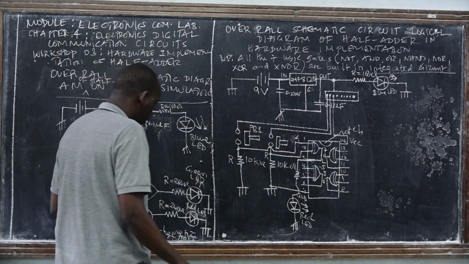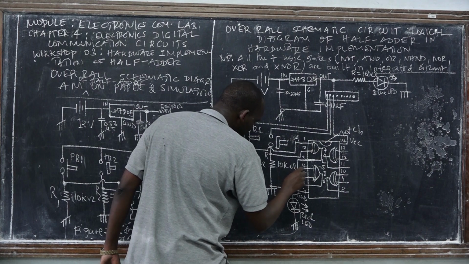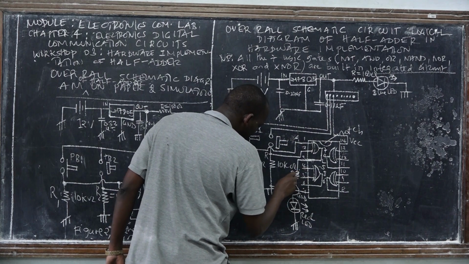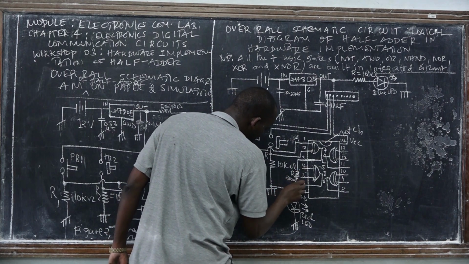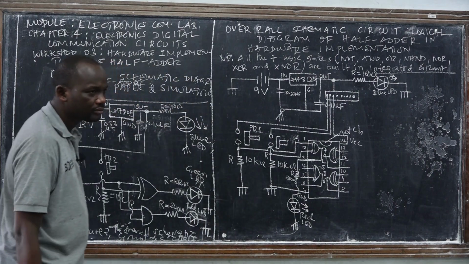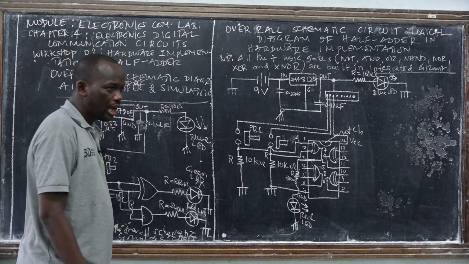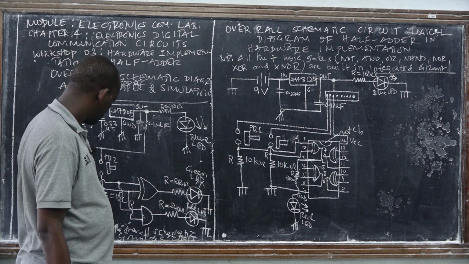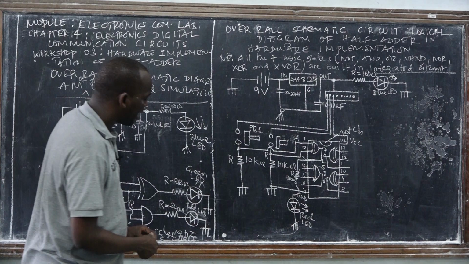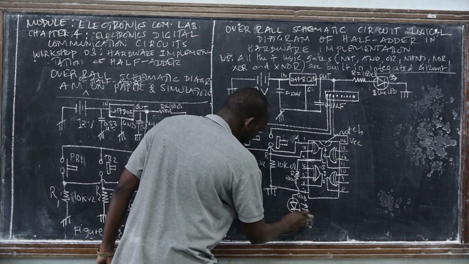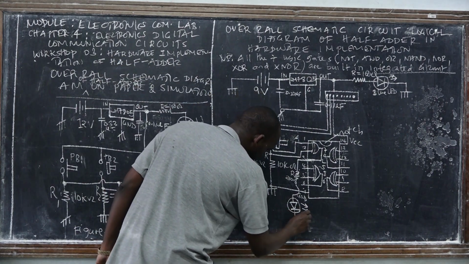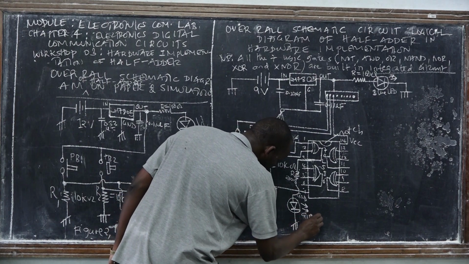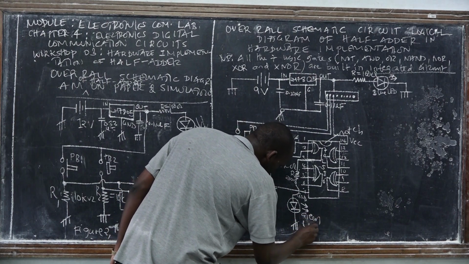LED. What is the resistance? 200 ohm. Green. I know you are very expert in the color of the LED. So this is green, yeah? Okay, good.